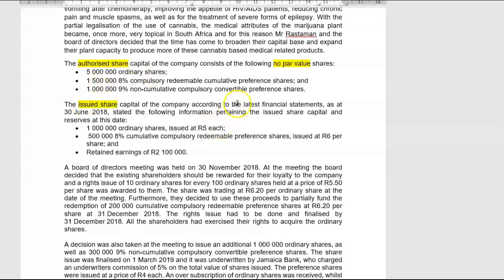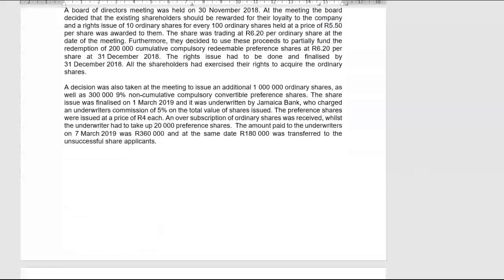The issued share capital of the company, according to the latest financial statements as at 30 June 2018, stated the following information pertaining to the issued share capital and reserves: 1 million shares issued at 5 Rand, 5 million 8% cumulative compulsory redeemable shares issued at 6 Rand per share, and retained earnings of 2.1 million.